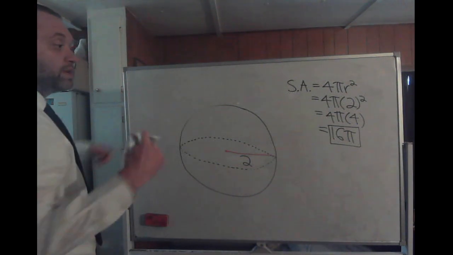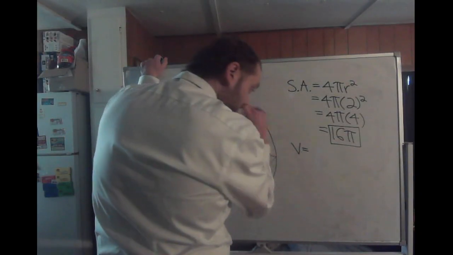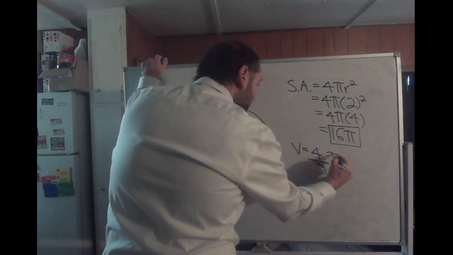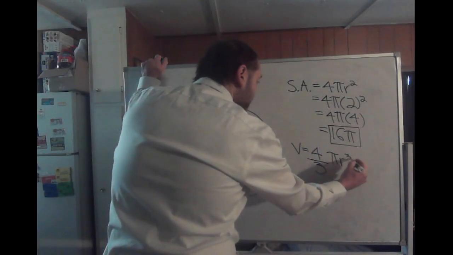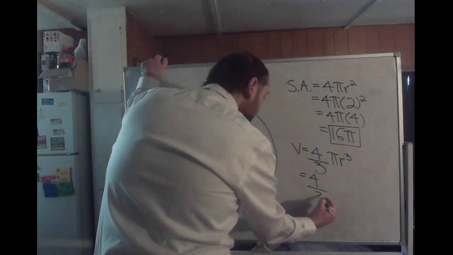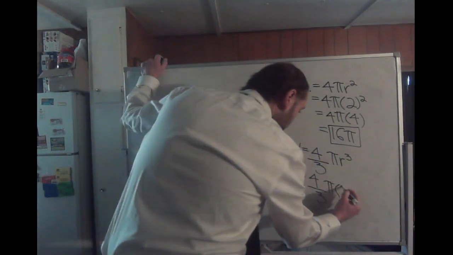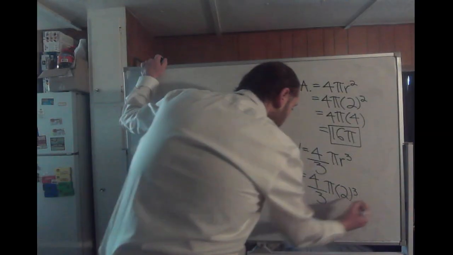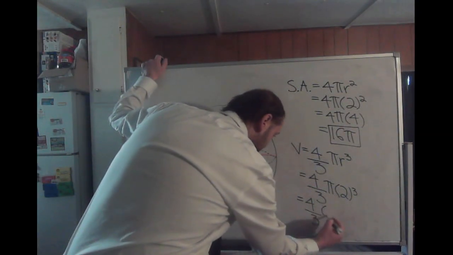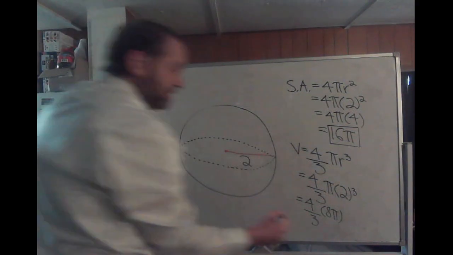Okay, now we need to find the volume. The volume would be equal to 4 over 3 times pi times the radius to the third power. So that would be 4 over 3 times pi times 2 to the third power, which would give you 4 over 3 times 8 pi, which doesn't break down any further.